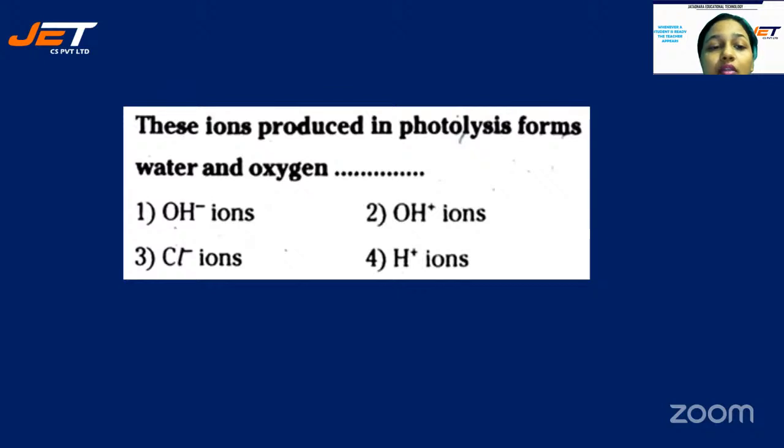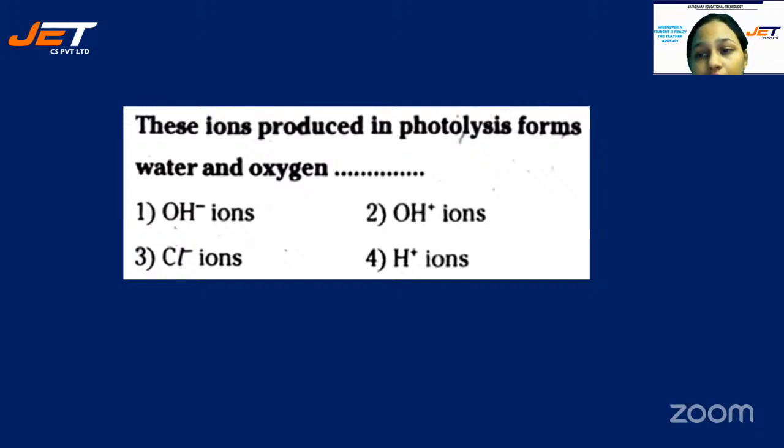Next question. These ions produced in photolysis form water and oxygen: OH minus ions, OH plus ions, Cl minus ions, or H plus ions.